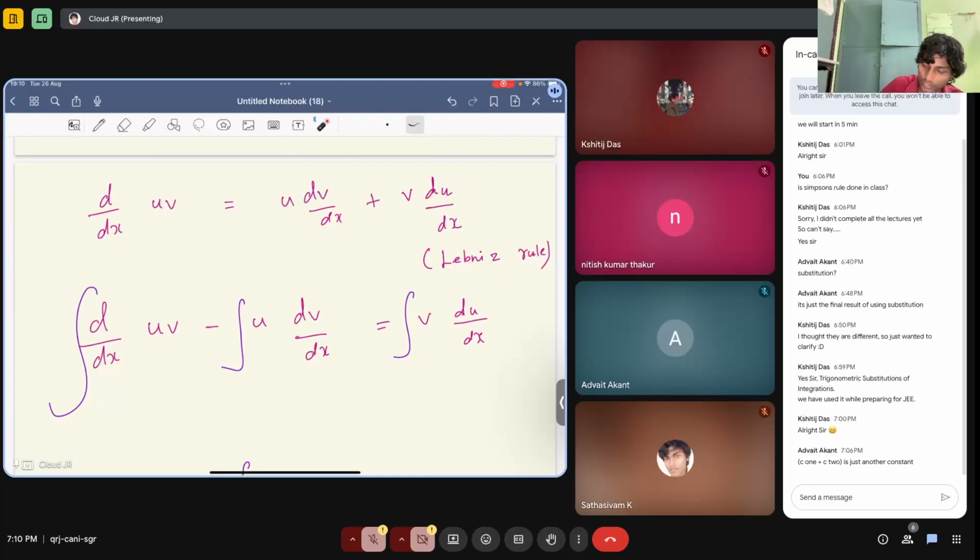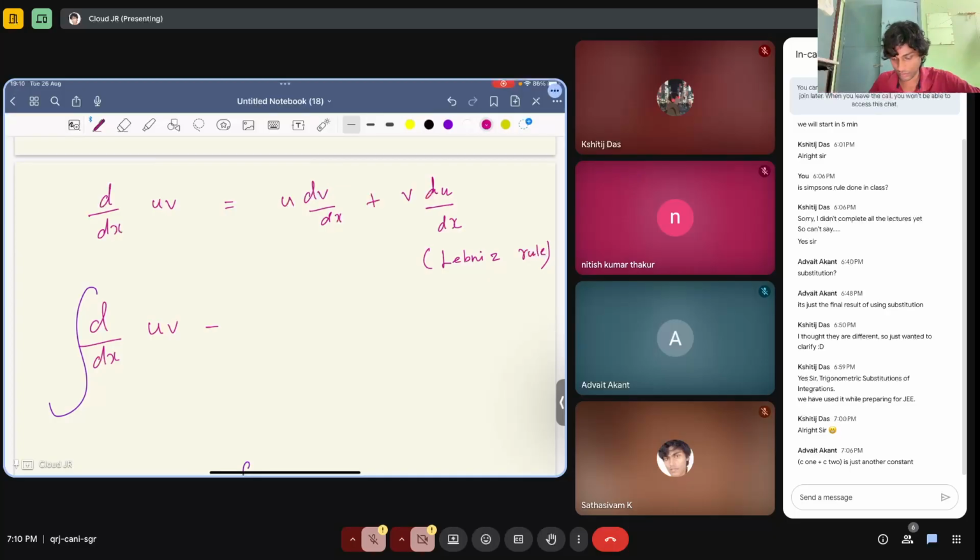We keep this and move this to the other side. I did it here a little differently, but we will keep the version that we usually remember. I'm telling you because in most of the books it's the same thing, up to a symbol. There's no difference here, just the name is different.